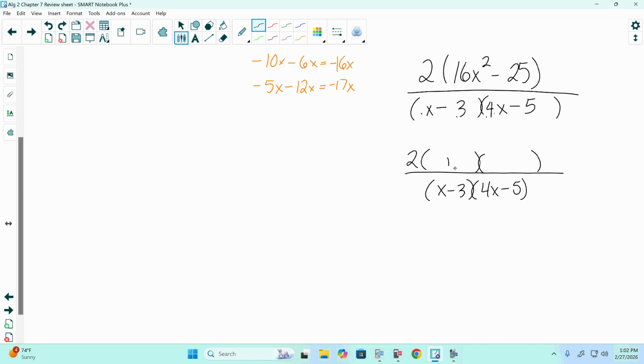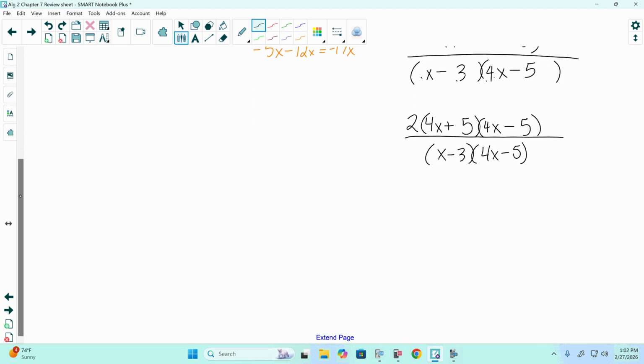It does look like it might be a difference of perfect squares. Because 16x squared, well, the x and x, and what times itself is 16? 4 and 4. What times itself is 25? 5 and 5. So now the numerator is factored as far as possible.